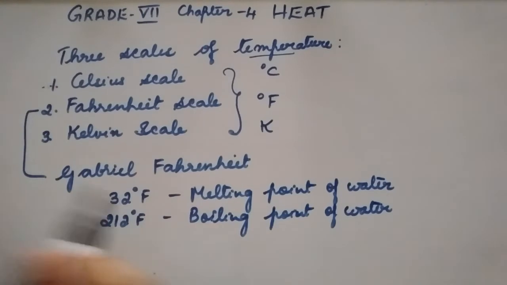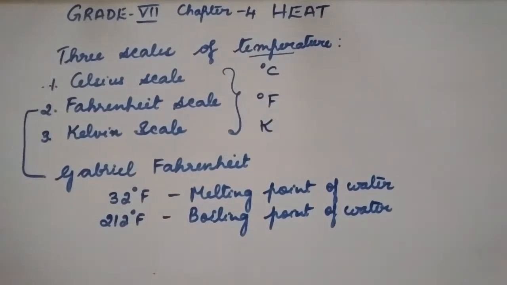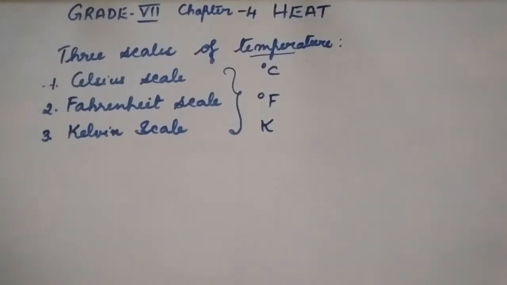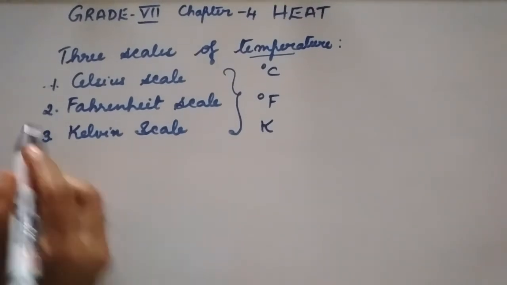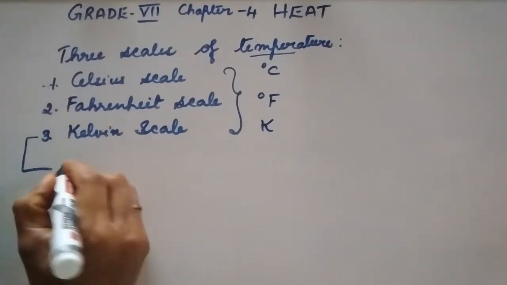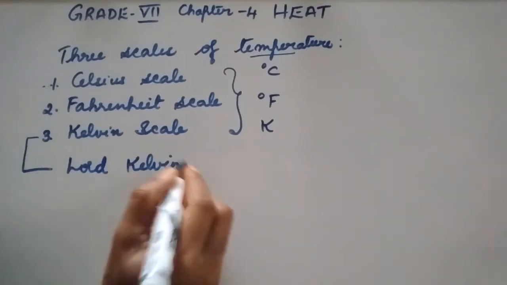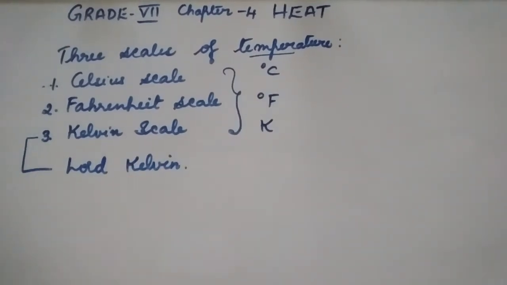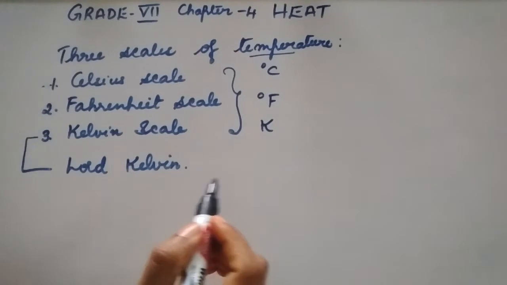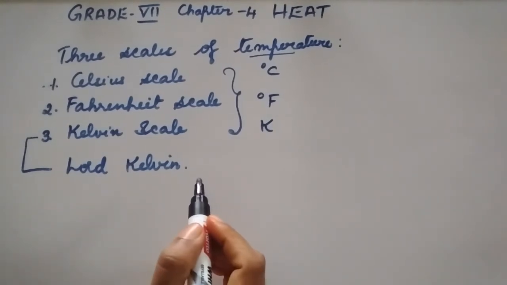Now next let us understand what is the Kelvin scale. Kelvin scale of temperature was invented by Lord Kelvin, and it is used by the scientists in the laboratories all over the world.